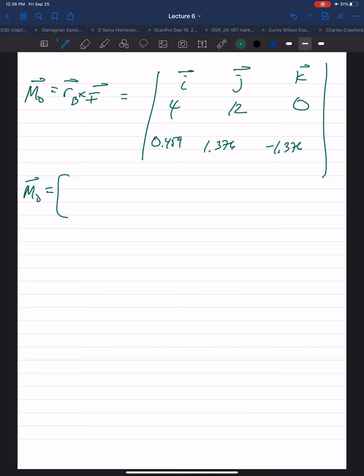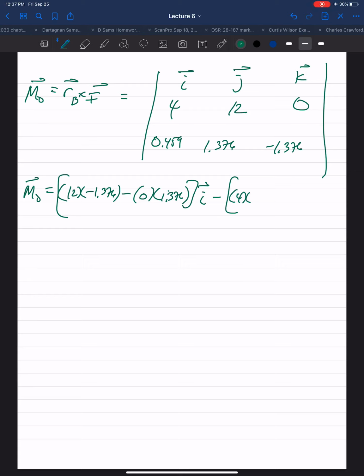is, once again, for the I, you ignore the top row in the first column. So that's 12 times negative 1.376 minus 0 times 1.376 I. Subtract the second term for the J. Remember, it's always negative. You ignore the second column in the first row.